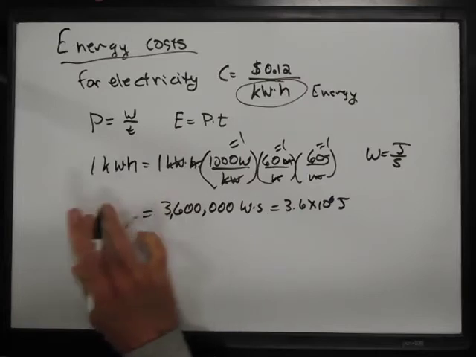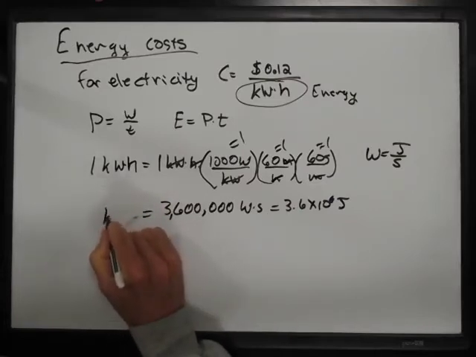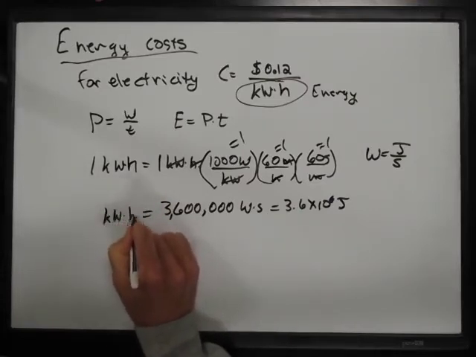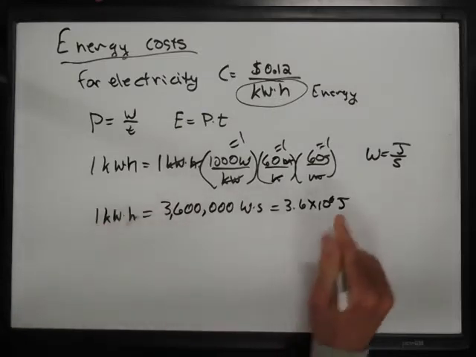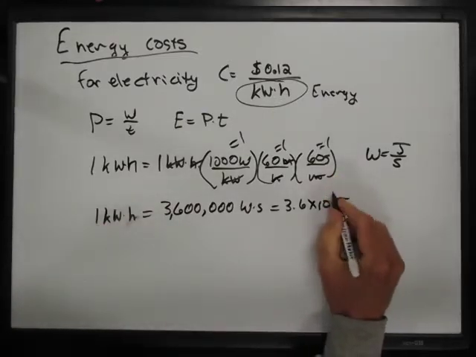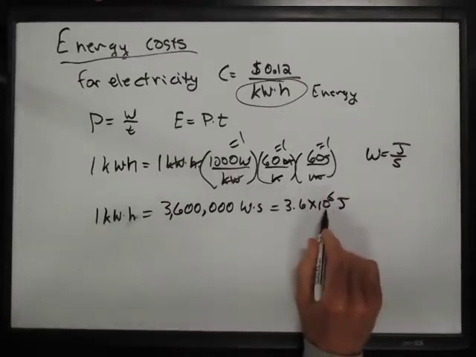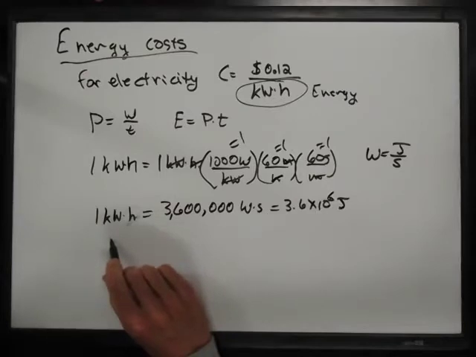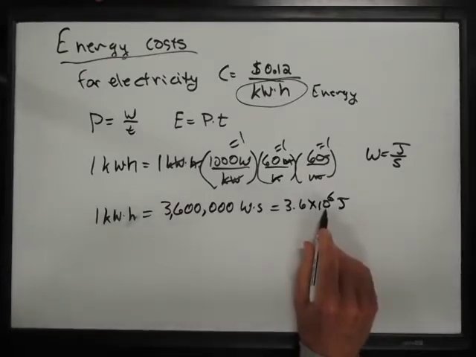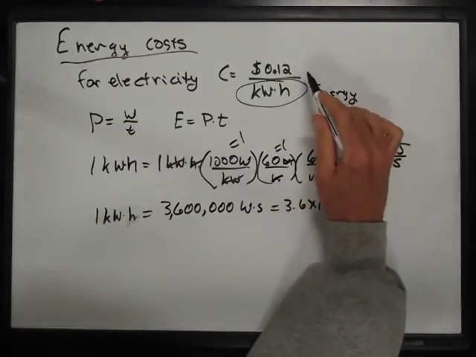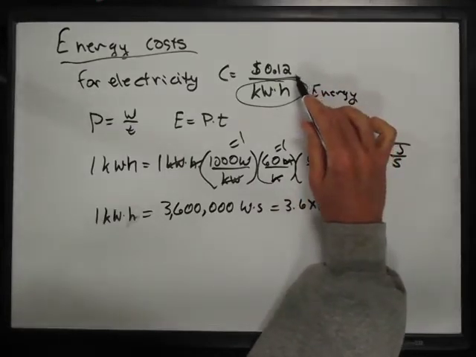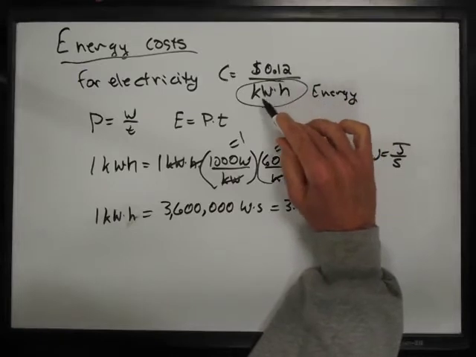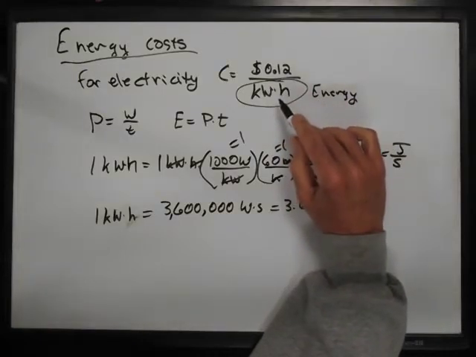Let me write it the way I was writing it before. And so a kilowatt hour, right, is a much more reasonable number to use to measure human energy consumption than a joule. If you're paying 12 cents per kilowatt hour, a typical electric bill might be $120. So you might use 1,000 kilowatt hours a month, or on that order.